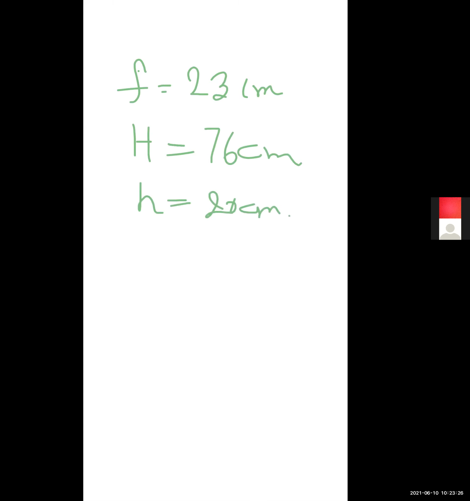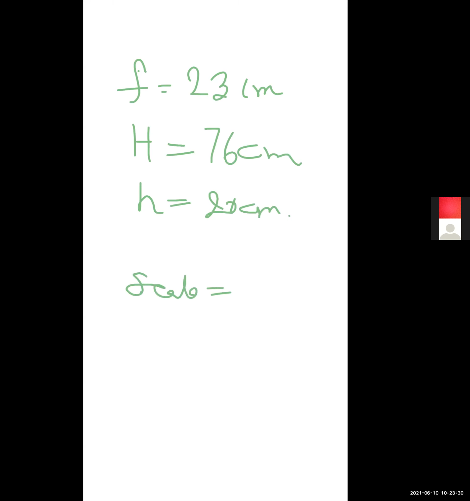We have to find the scale, and scale is equal to what? F by H minus h. The given information is the focal length f, 23 centimeter. Height of air station, that is the exposure point, is given as 76 centimeter, and height of mean sea level, small h, is given as 20 centimeter. We have to find the scale.